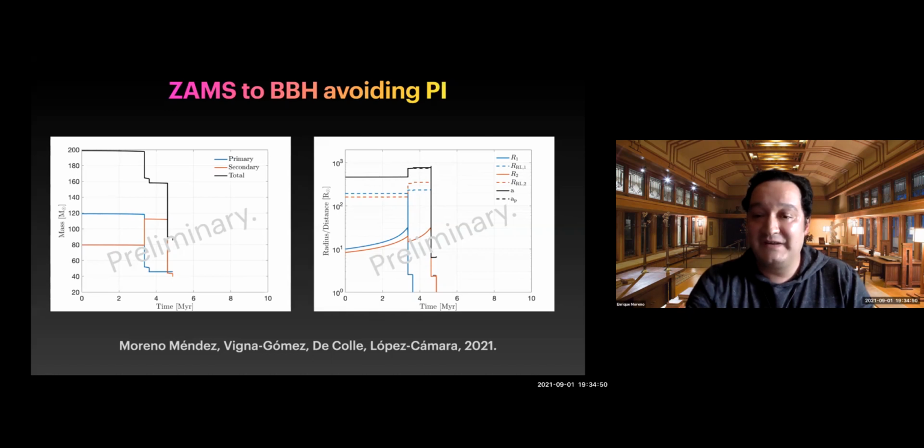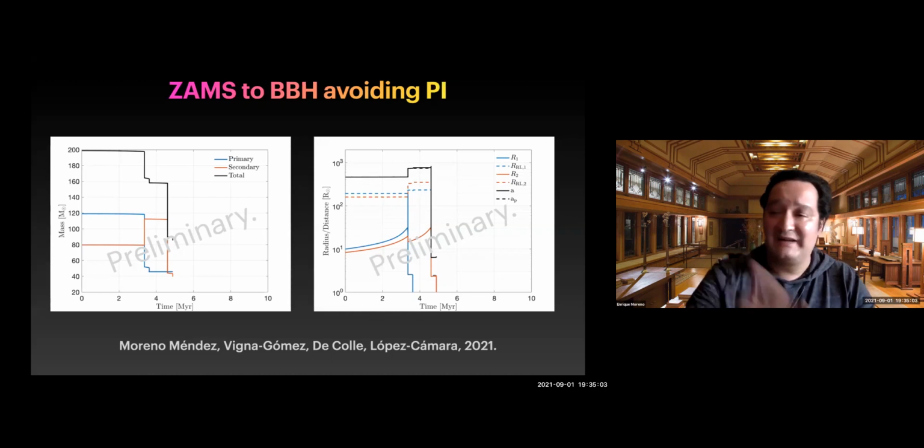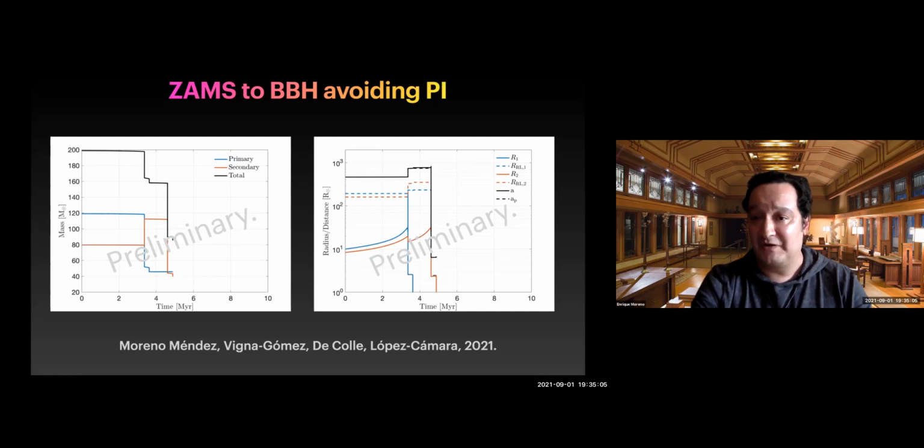The secondary you can see on the right-hand side gets recycled, so its lifetime gets extended a little bit, but eventually at 4.5 more or less years, it fills also its Roche lobe. And from the left panel, you can see that it loses another 70 or so solar mass.